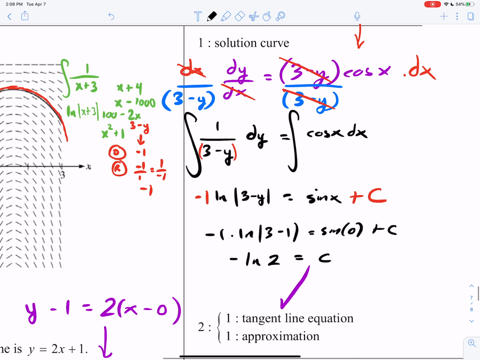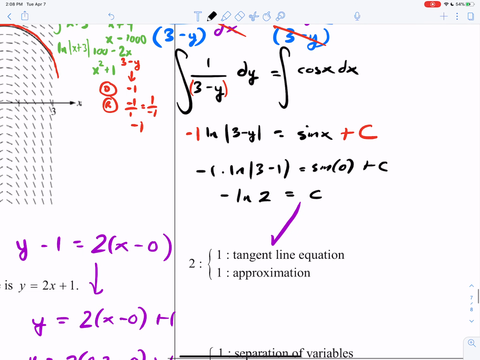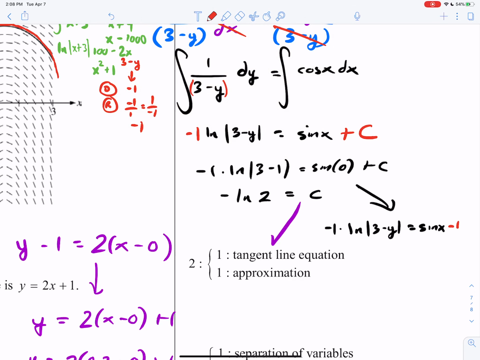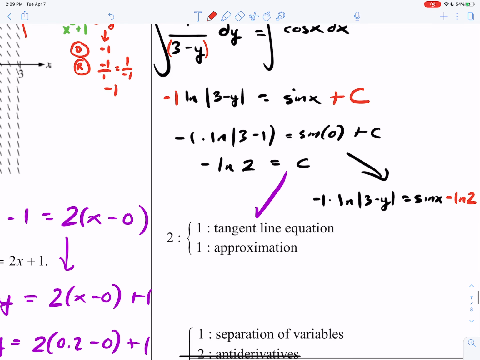So now that we know what c is, I'm going to plug it back in here. I'm going to have the negative 1 times the natural log of 3 minus y equals sine x, and then here's my c, negative natural log of 2. So all that's left is getting y by itself.